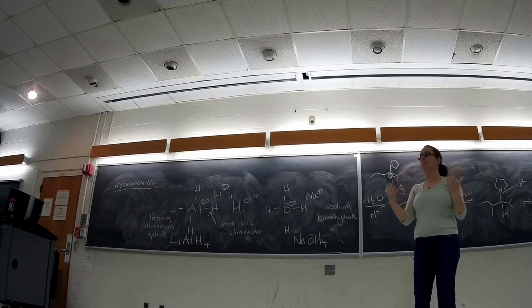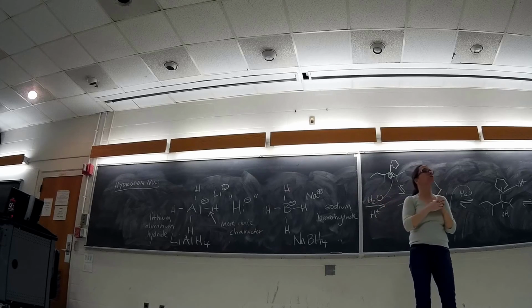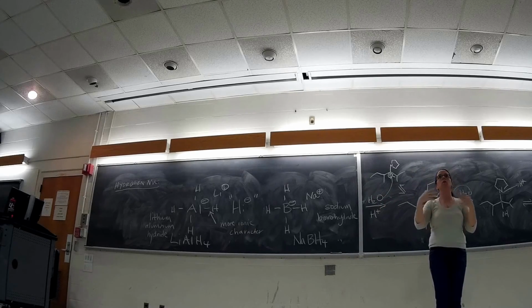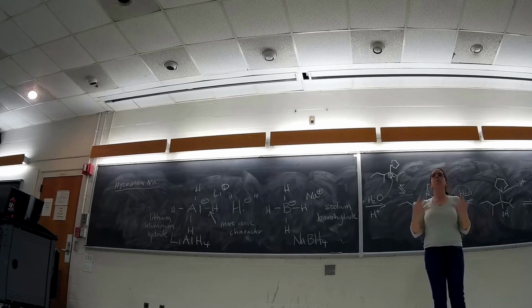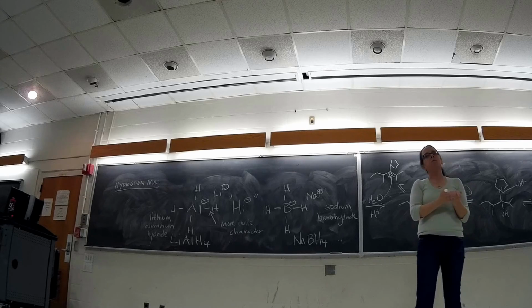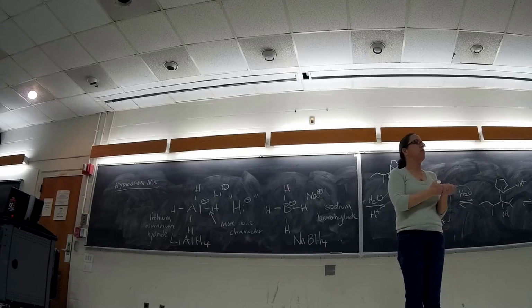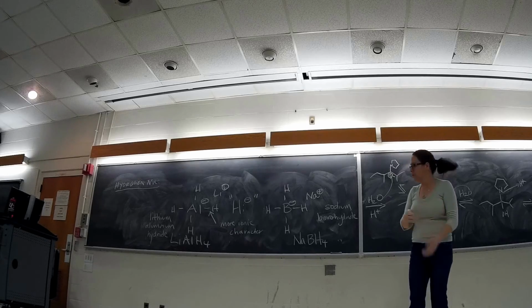So my point in telling you about the two different types of reagents is we will see them both used on any exam material with aldehydes and ketones. But remember that only, and I will be reminding you, lithium aluminum hydride will react with the less reactive carbonyl species, okay?